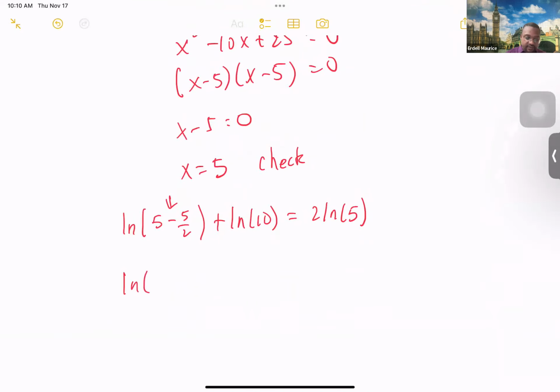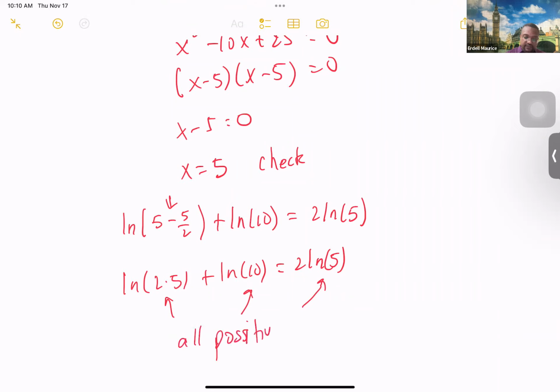That's going to be ln of 2.5 plus ln 10 equals 2 times ln 5. And what you'd note is that none of these numbers are negative. All positive. You cannot take the log of a negative number, but that doesn't happen here. And so that means that this answer is fine.